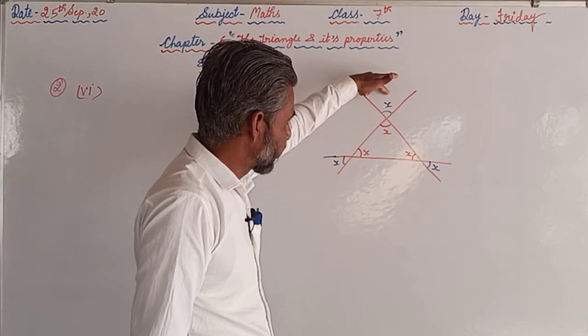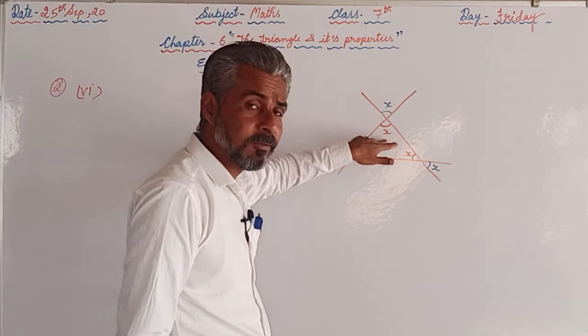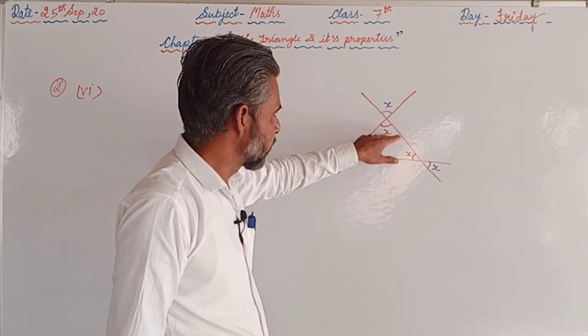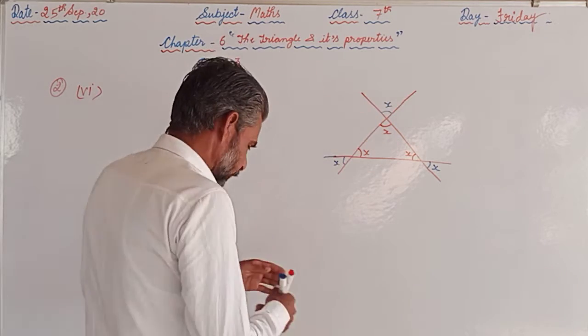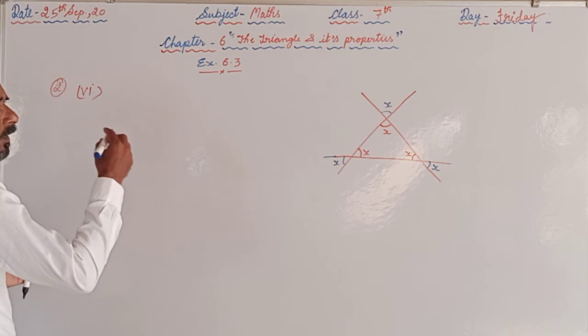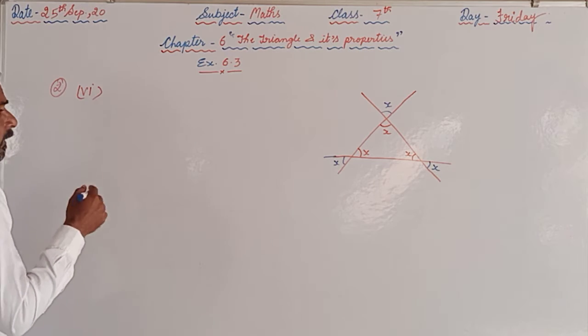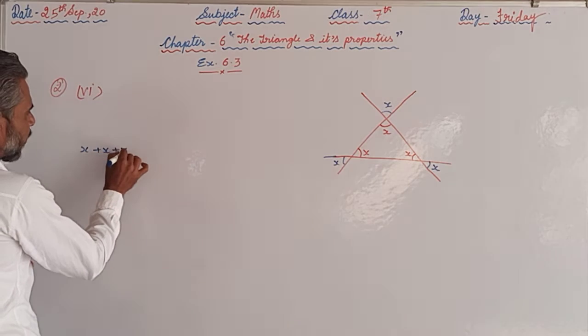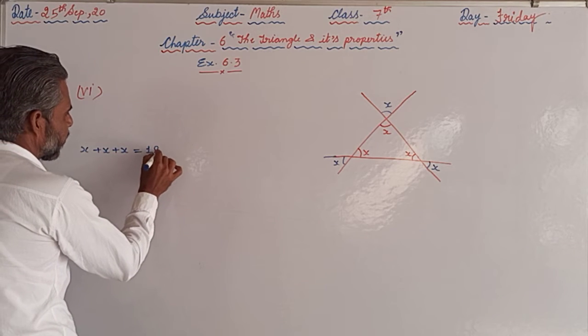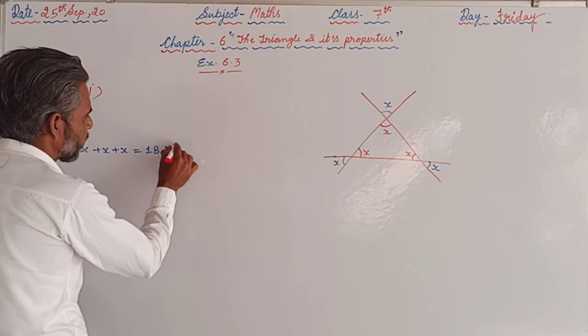So the exterior angle is given as x, so the interior angle of the triangle will also be x, because these two angles are vertically opposite angles. Now after that we can apply the angle sum property of the triangle, that will be x plus x plus x, that is 180 degree. Why? What is the reason behind that?